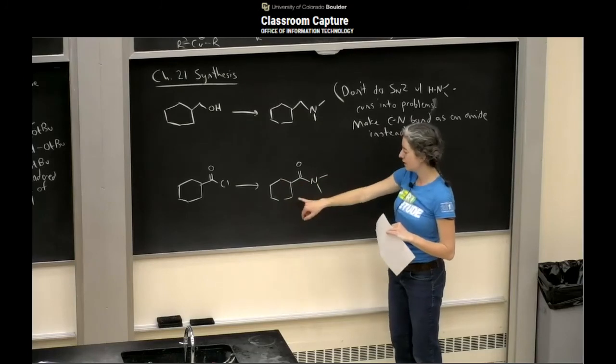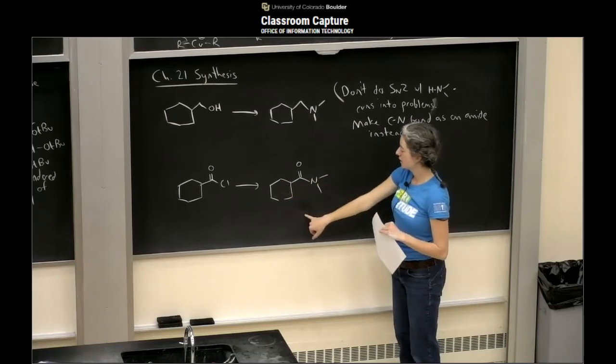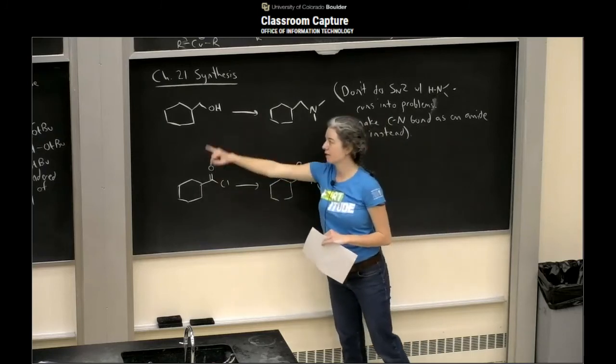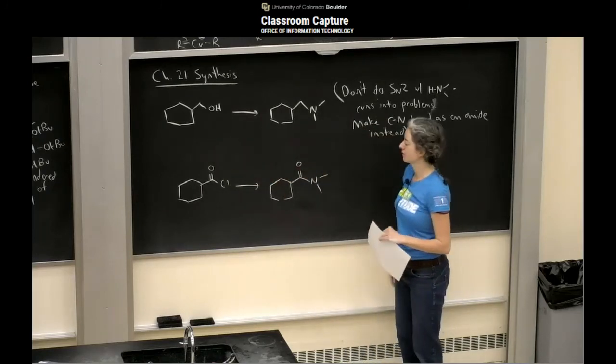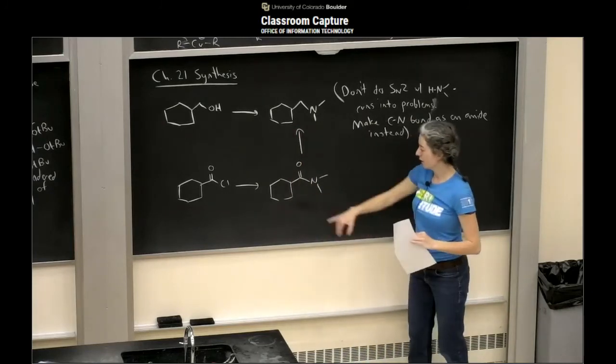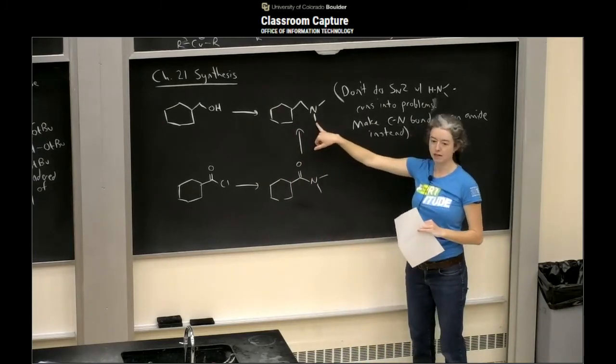Okay, so given that making this as an amide is kind of the best way to go, now we have to figure out how to tie this into the starting and ending points to actually get an overall synthesis that works. Can I go directly from here up to here?